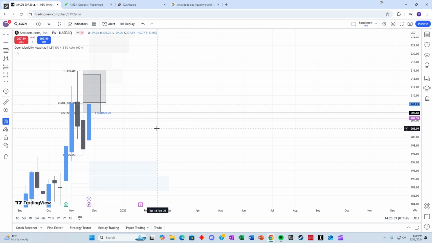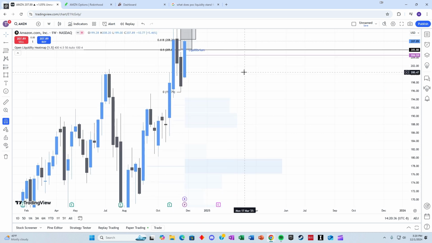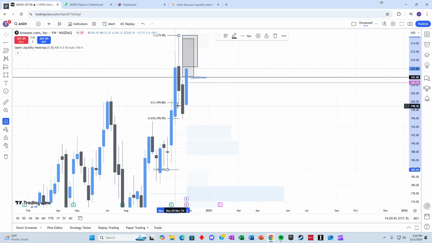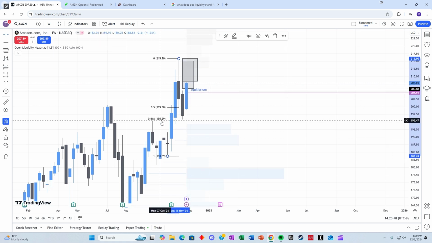And we have tapped right into equilibrium for this range. Now, if we look, we also tapped right into equilibrium at this range, as well as our golden zone, whatever you want to call this, 0.618 Fibonacci number, retracement, whatever.